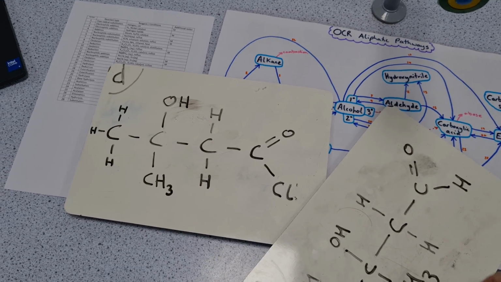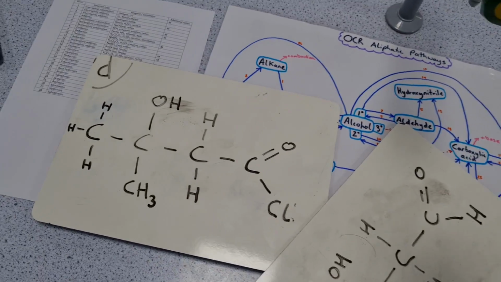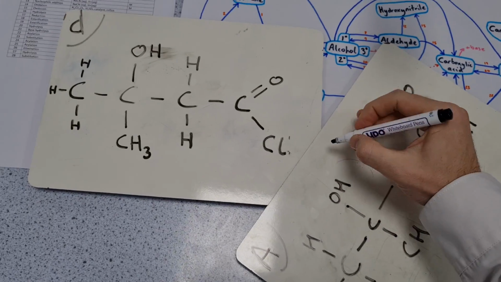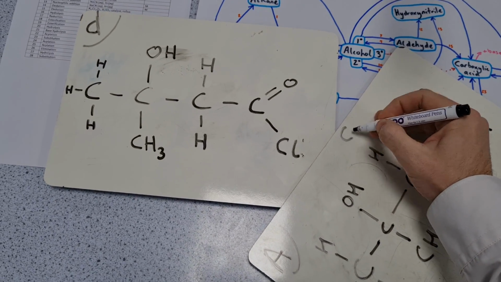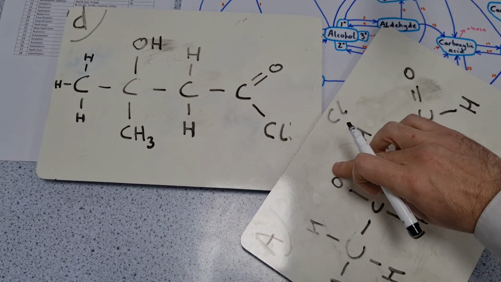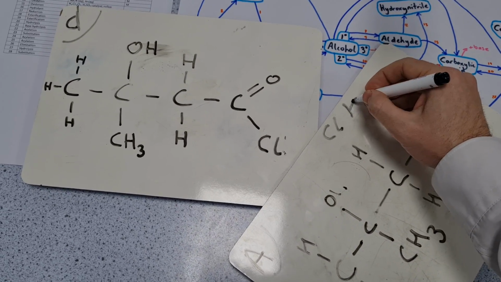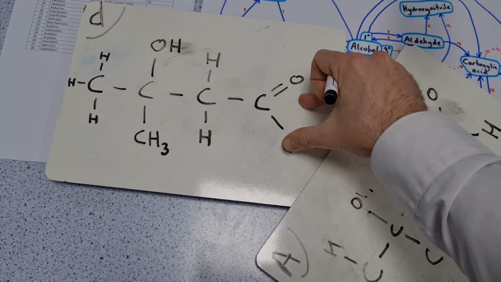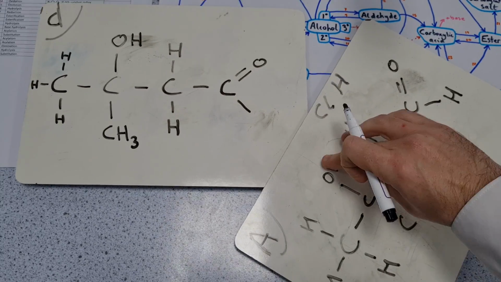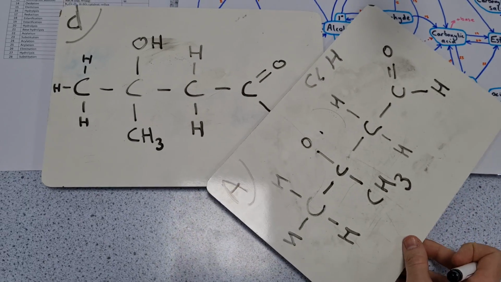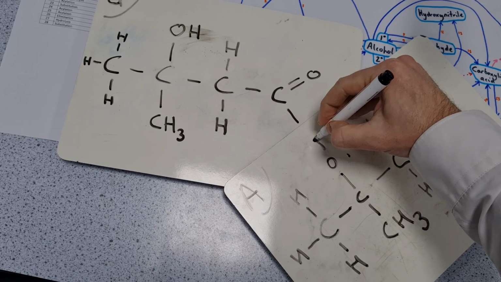Okay, now I'm going to see if I can fit it all on. I'm going to lose a chlorine from this side, and I'm going to lose a hydrogen from this side. And then these two bits of the molecule are going to kind of fit together.